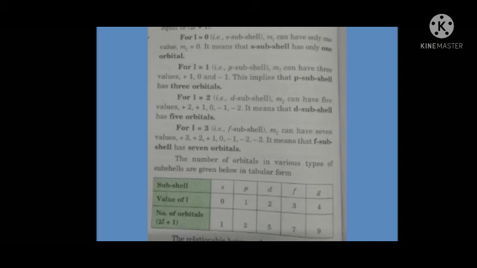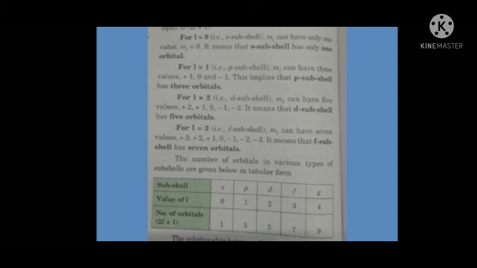They are dxy, dyz, dxz, dx square y square and dz square. These are the 5 different d orbitals. Like that, if L is equal to 3, that represents the f subshell. And for that, the possible values of magnetic quantum number are minus L to plus L. That means minus 3 to plus 3 including 0.